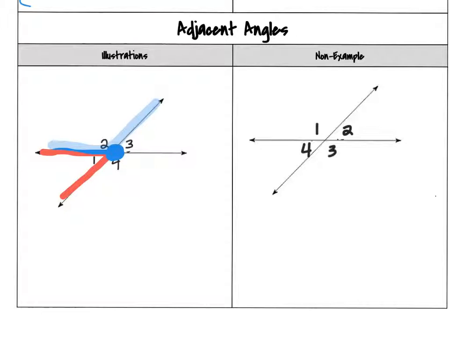So those would be adjacent angles, so let's write that. Right, angle 1 and angle 2 would be adjacent angles. Let me erase that so it doesn't get too confusing.